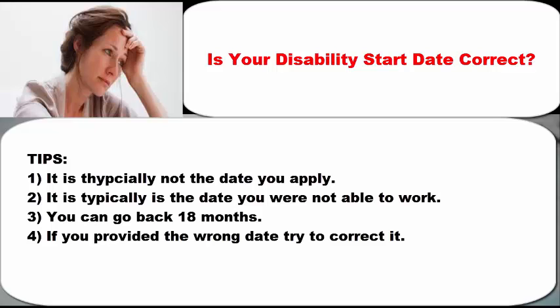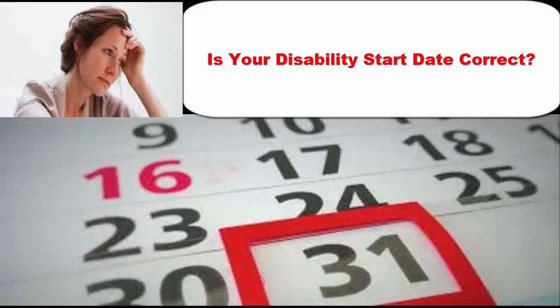If they've worked part-time before that under SGA and it looks like they became disabled before they actually stopped, then you can pull back that onset date. So the date that they should use is the date that they had to stop working full time. Yeah, pretty much. Okay, that's it, right.